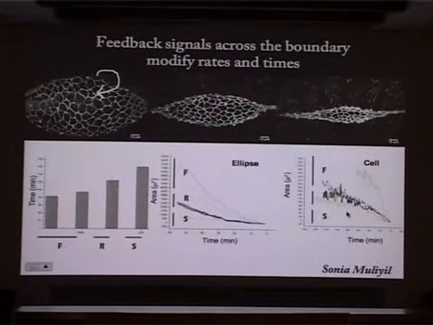indicated here by either the time taken for this ellipse to close, or if you look at the frequencies of those behaviors. But what's surprising is that you can make a perturbation in the neighboring tissue and still influence all of these behaviors here.